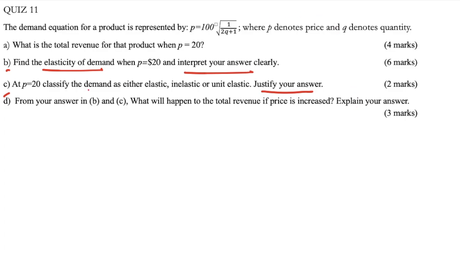Okay, let's look at question A first. What is the total revenue for the product when price is 20? For A, okay, we know clearly that the total revenue formula is price times quantity.